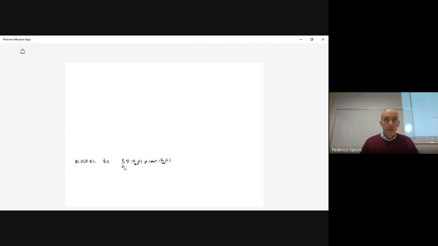But this doesn't mean that we are not able to evaluate the speed of the electron, because if we try to evaluate the expectation value of the momentum operator over the Bloch wave function, what we find is that this is equal to 1 divided by h bar times the gradient of the energy with respect to the wave vector k.